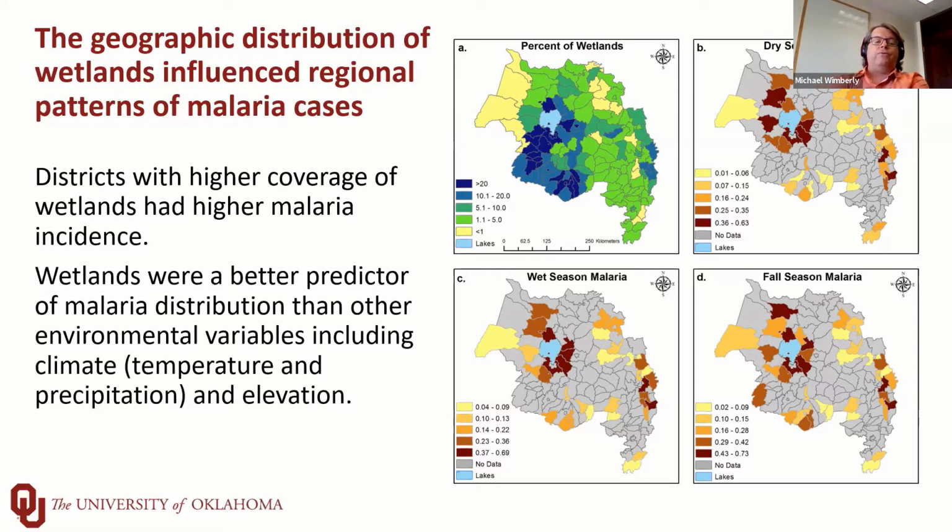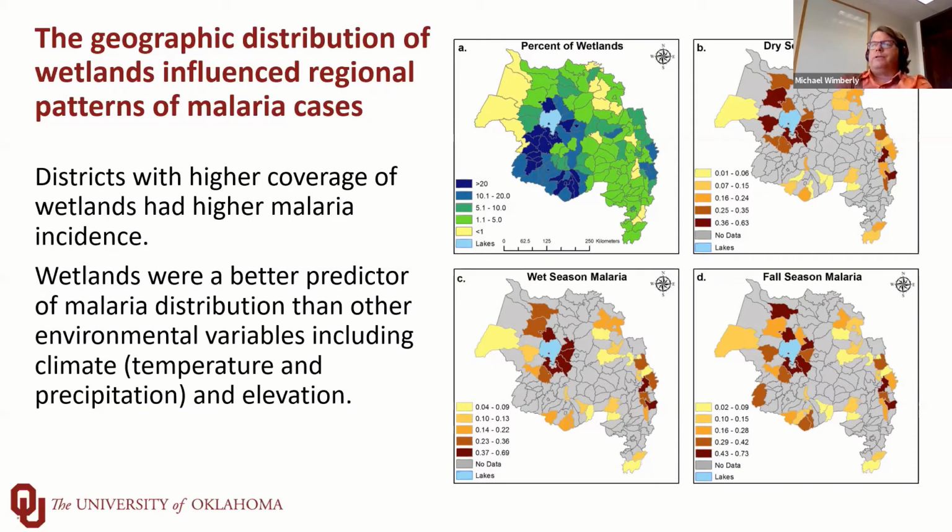But what we found was that districts with higher coverage of wetlands indeed had higher malaria prevalence. And when we compared it to some other variables, typically if you're looking at the geography of diseases over large areas, your go-to variables are things like temperature and precipitation and elevation.